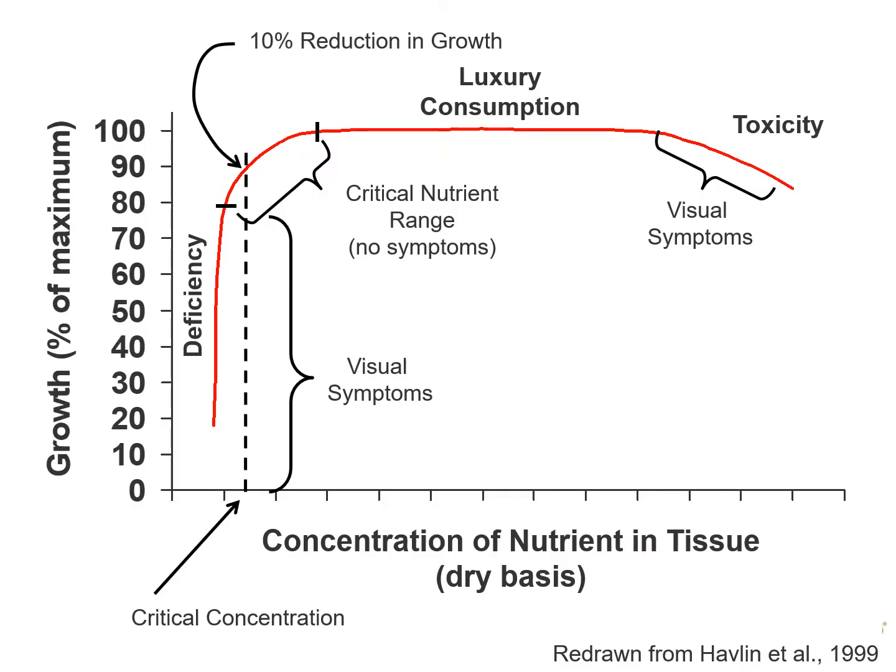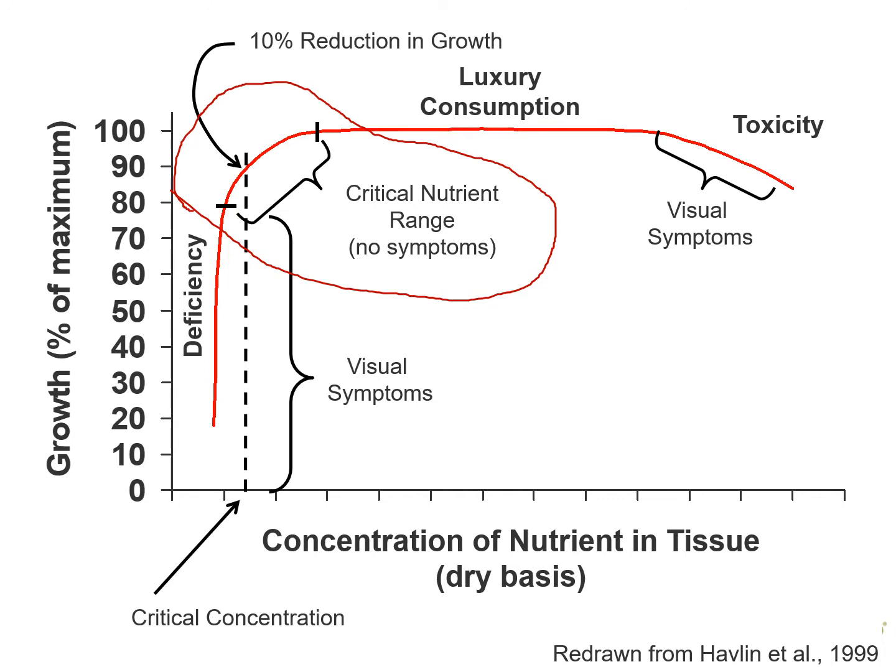So when we have the tissue analysis and they come back, then on the left-hand side here you can see the growth or the percent of the maximum. If we have visual deficiency symptoms on the bottom here, that is not a good day. What we want is to be in this critical nutrient range right here, what I would call the Goldilocks zone.